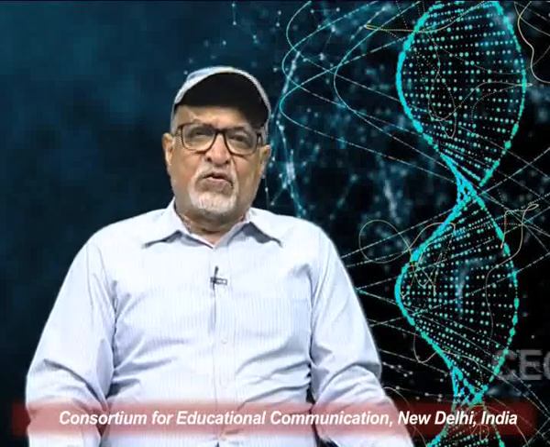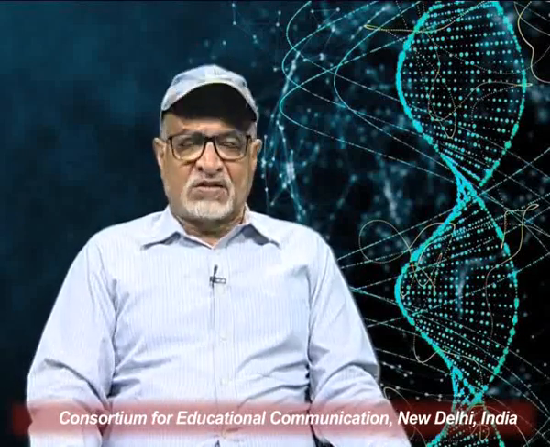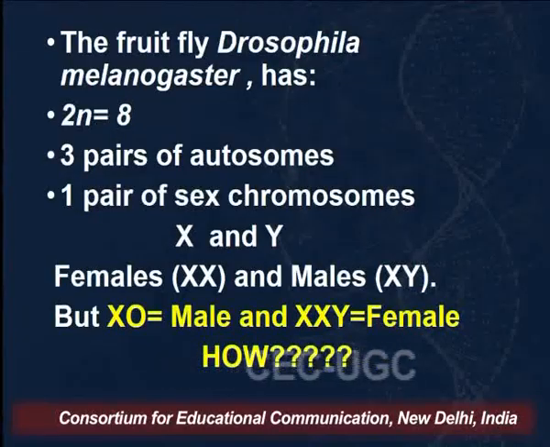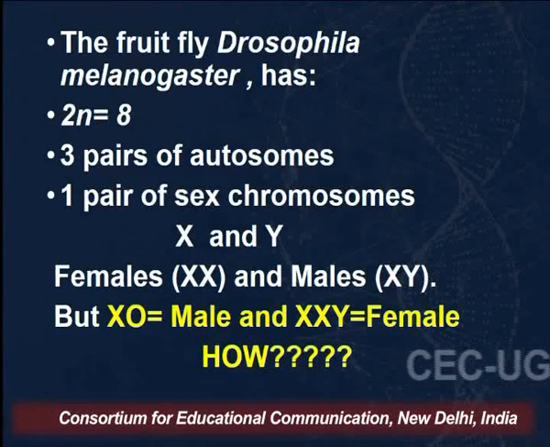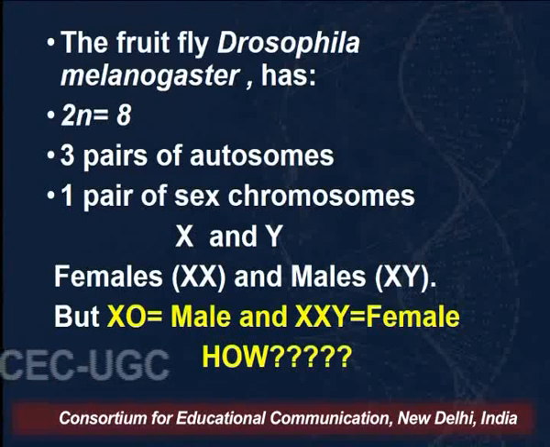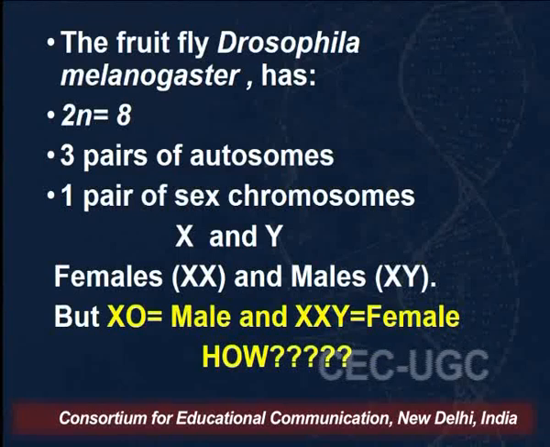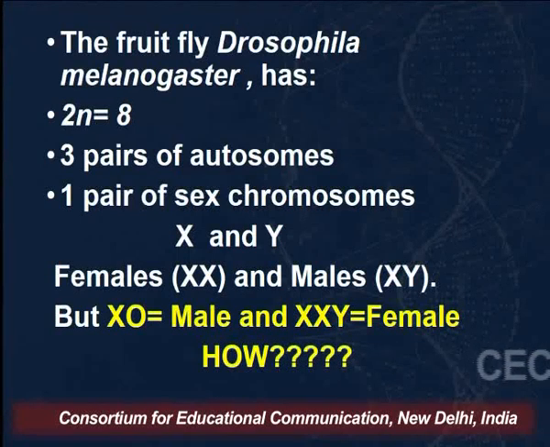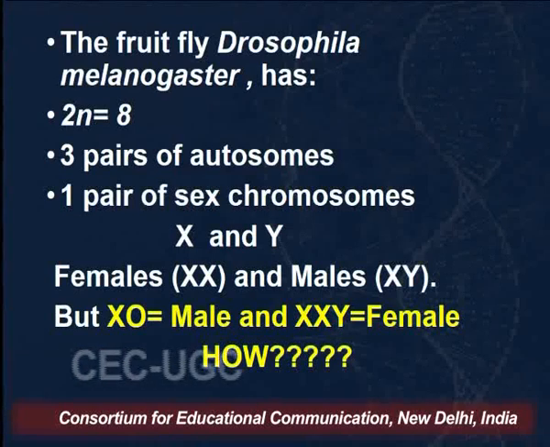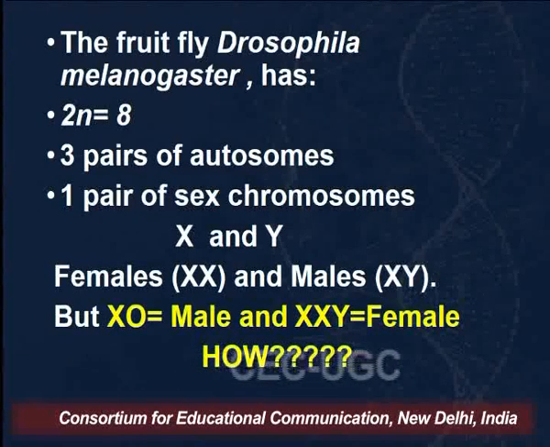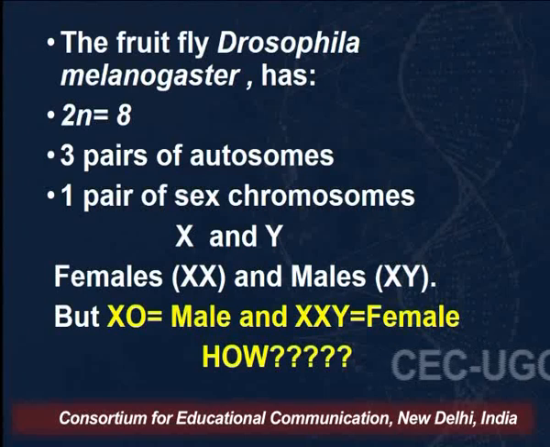Talking specifically of the fruit fly Drosophila melanogaster, viewers, you should remember that its diploid number is 8, that is 4 pairs, of which there are 3 pairs of autosomes and 1 pair of sex chromosomes, X and Y. The females are XX and males are XY.